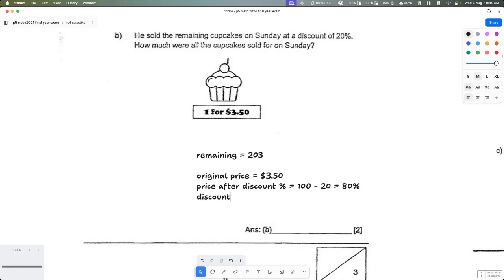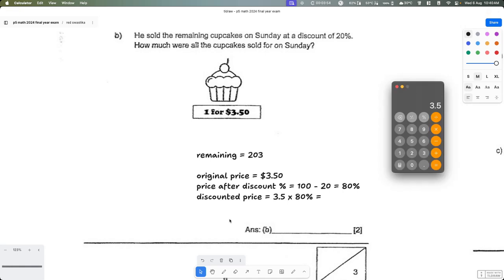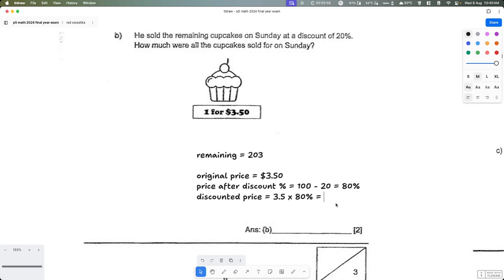So the discounted price is equal to 3.5 times 80%, and this will give us $2.80.